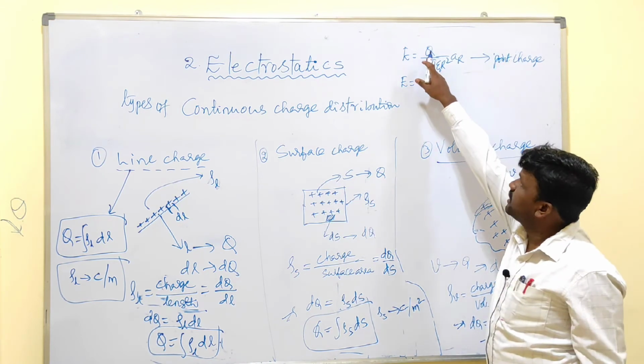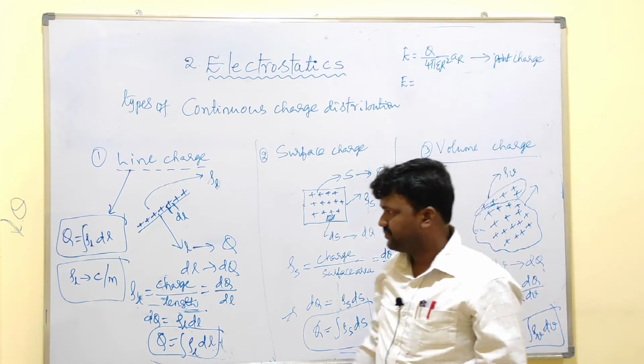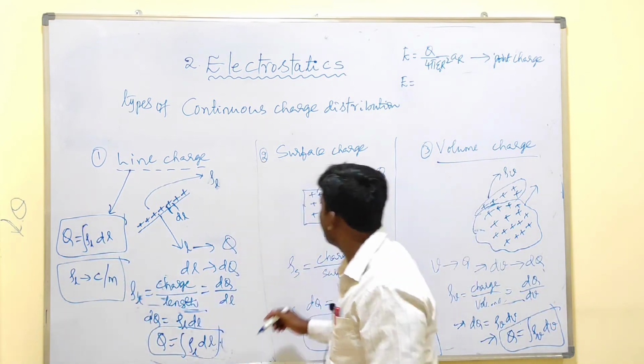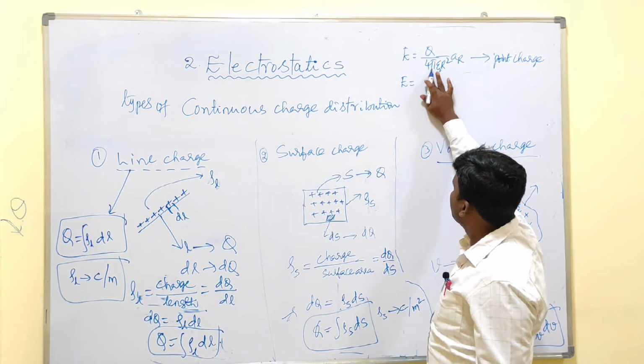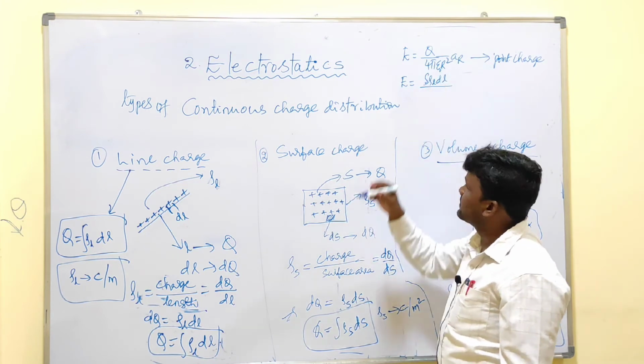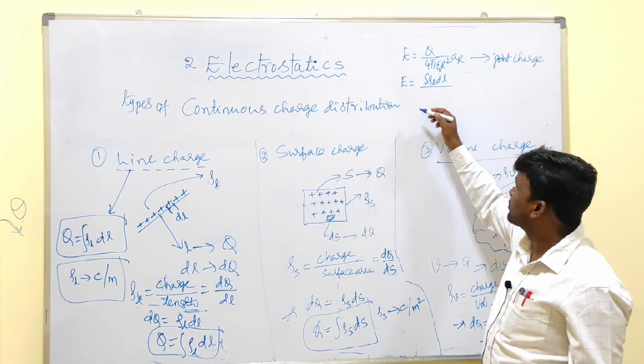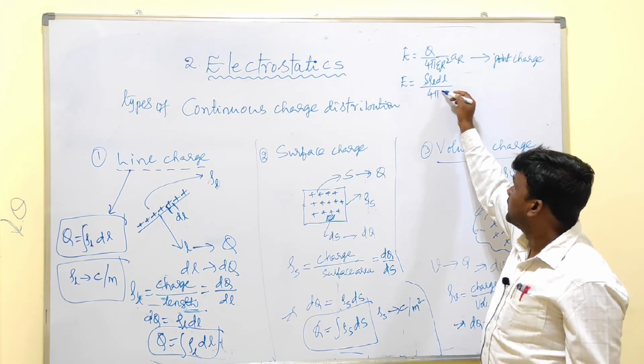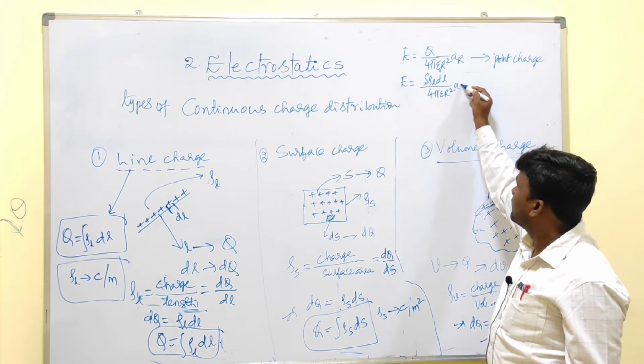For line charge, you need to replace this Q with this charge, that is integral rho L dl. As it is a line charge, we have the line integral. That is E equal to integral rho L dl by 4 pi epsilon r square AR.